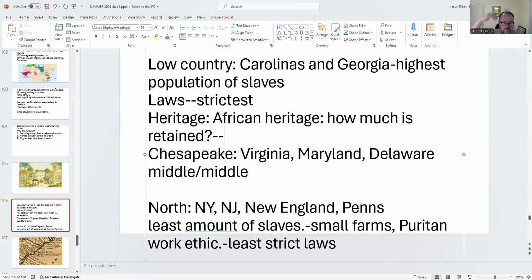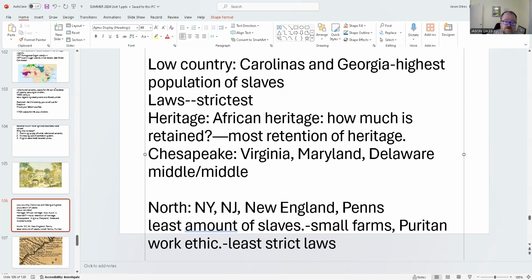Again, where you have the highest concentration of slaves, the most retention of heritage. Okay, so things like marriage rights, burial rights, naming customs, religion.